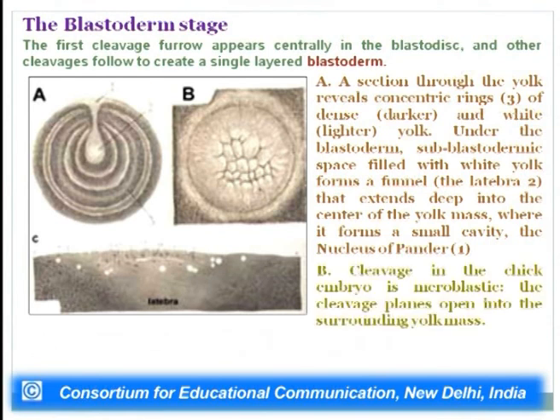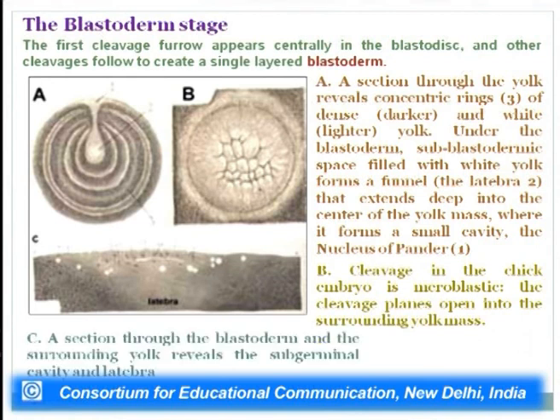The B part shows the top view. The cleavage in the chick embryo is meroblastic. The cleavage planes do not open into the surrounding yolk mass. You can see there are furrows, but only on the top, which is the blastodisc region. And C is a section through the blastoderm and the surrounding yolk, revealing the subgerminal cavity and the latebra.